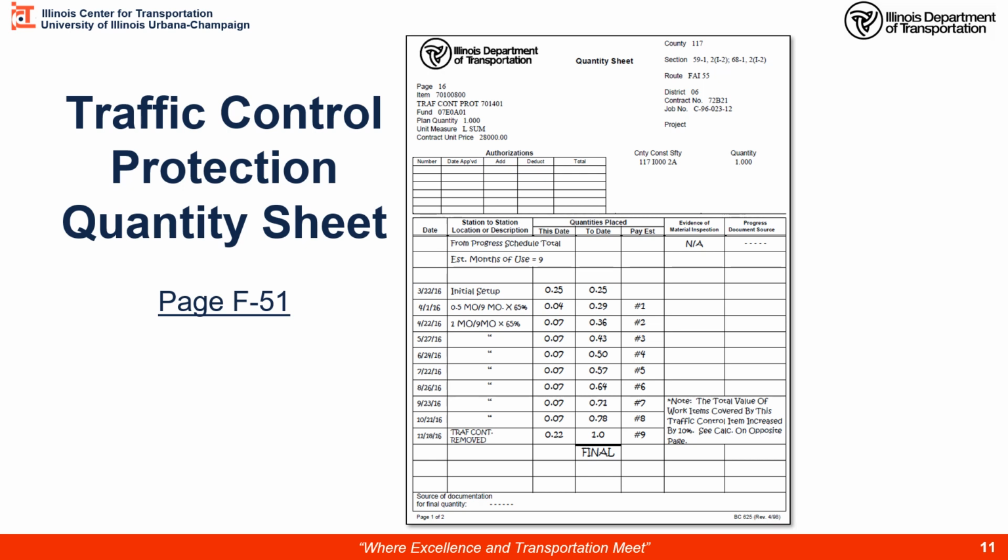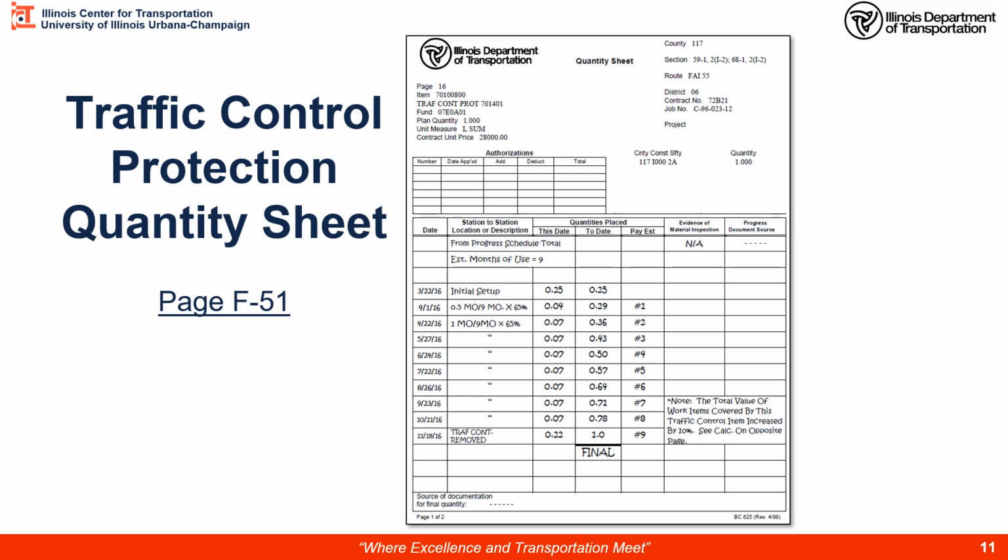And then we'll prorate 65% over time, and then the final removal is 10% once it's removed and put back as it should be. In this case, the removal happened a little bit sooner than the project schedule would indicate, so it's 0.22 rather than 10%. So the final payment adds up to the one whole lump sum.